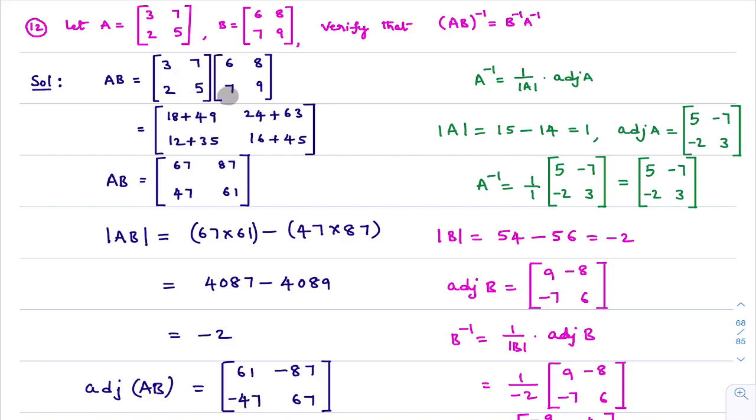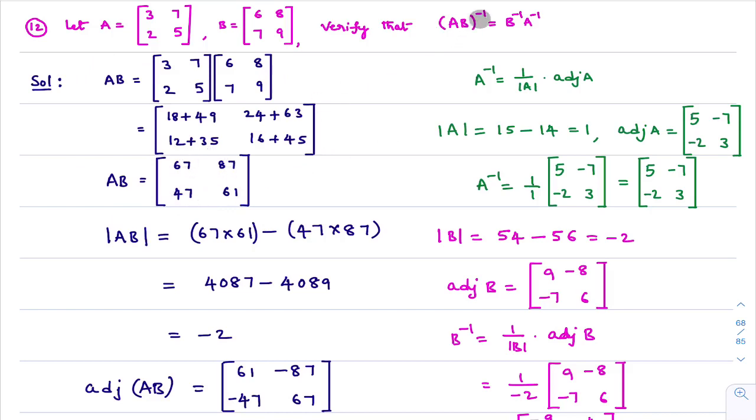Second row, first column over. Now second row, second column. 2 8s are 16 plus 5 9s are 45. I hope you are understanding, right? 18 plus 49, 67. 24 plus 63, 87. 12 plus 35, 47. 16 plus 45 is 61. So after calculating AB, I got the matrix AB like this.